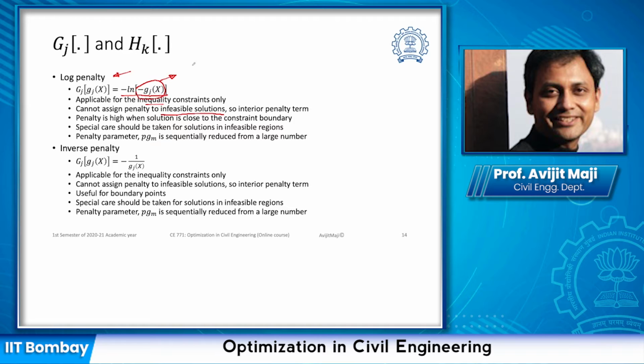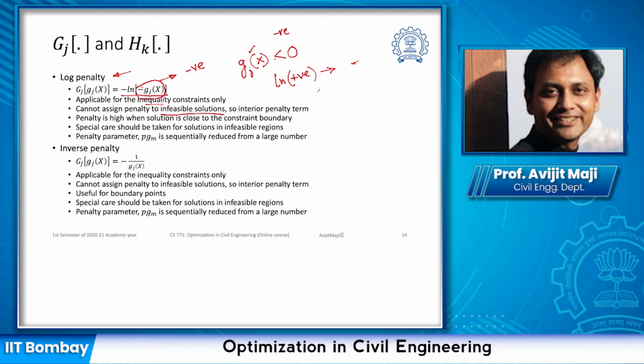If you recall, we said in our base function g_j(x) is less than 0. So whatever solution we obtain, if it is feasible, this value is going to be negative, and since we already have a negative sign, eventually we'll get a positive value inside the ln, and we can get a value for that.